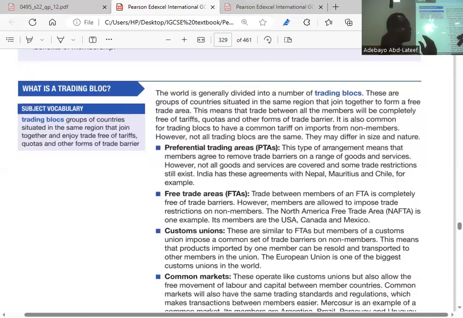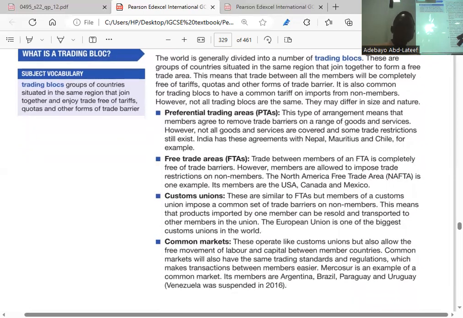Here, there are certain goods and services that will have barriers taken away. That's what we call preferential treatment. So not everything that you bring into our country we're going to accept. But there are some things you bring into our country that we will accept in terms of free trade. That is what preferential trading areas are. Do you get the point?